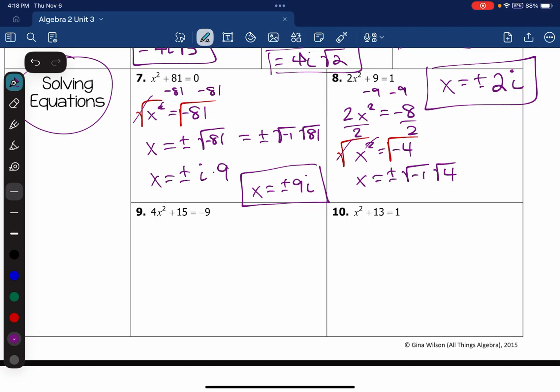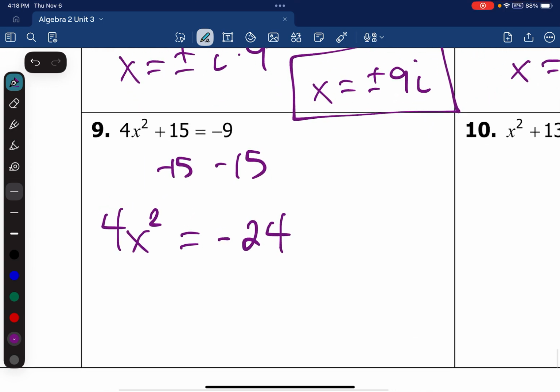All right, continuing. Again, we're going to move this 15 away from it. 4x squared equals -24. Divide both sides by 4. I get x squared equals -6.